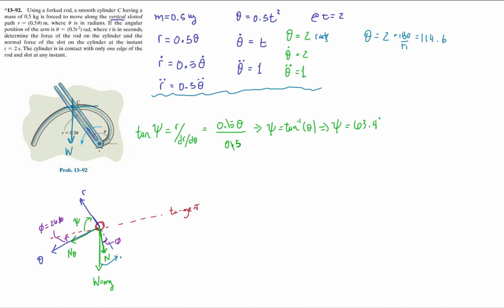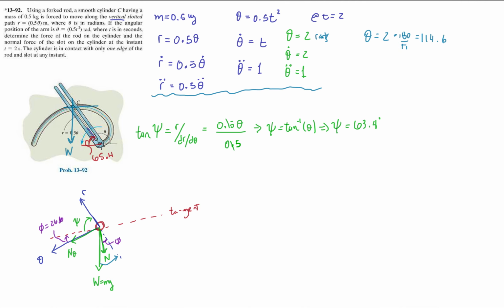Sorry with the colors, I chose a terrible color here. Right, so that's 180 minus 114.6. So this angle is 65.4. Okay.